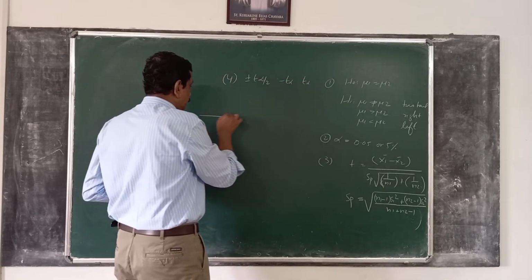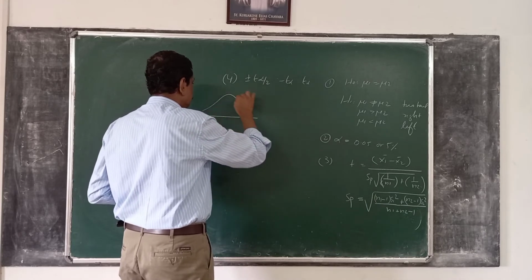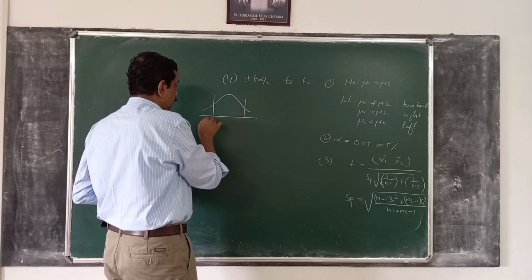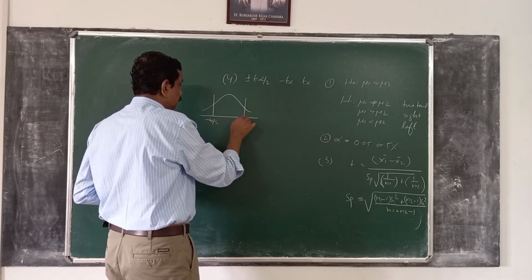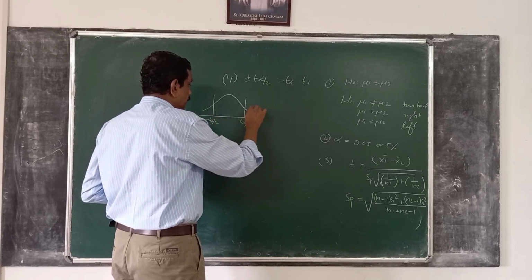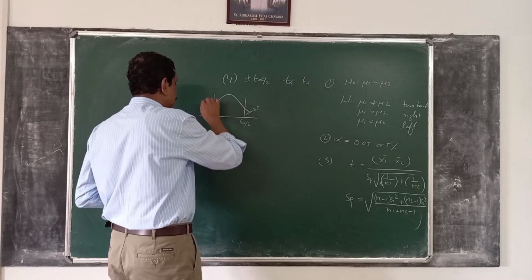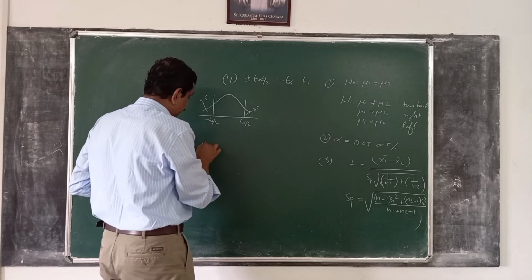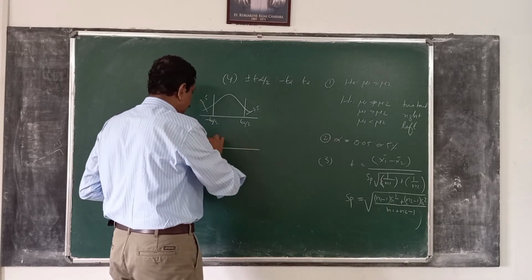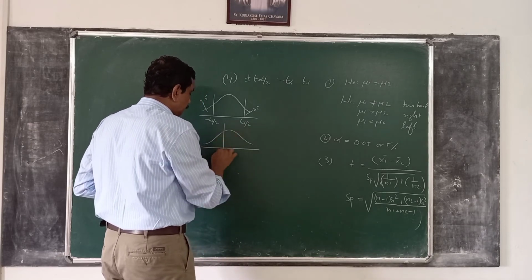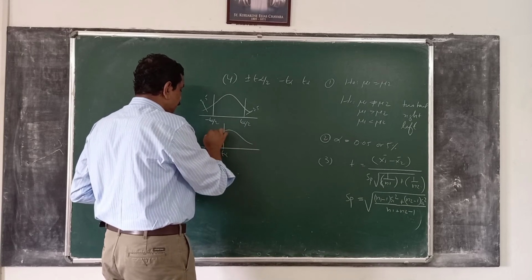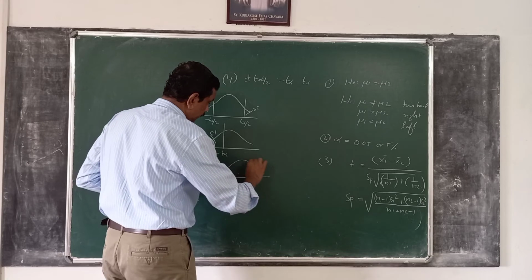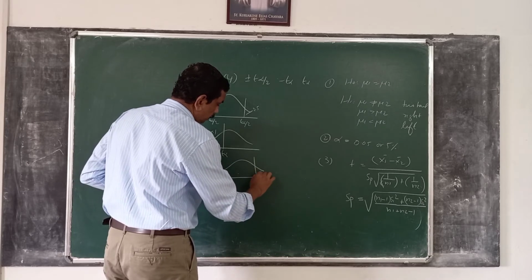If you have a two-tailed test and alpha 5%, then plus or minus T alpha by 2, with 2.5% in each tail. If you have a left-tailed test, then minus T alpha at 5%. If you have a right-tailed test, then T alpha at 5%.